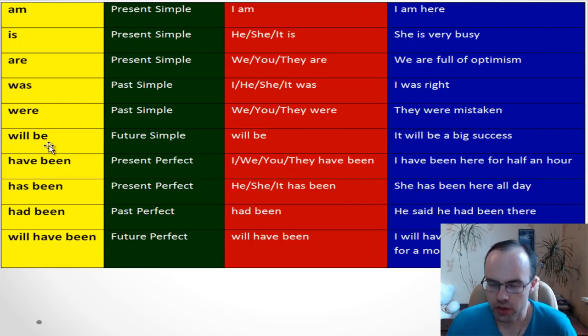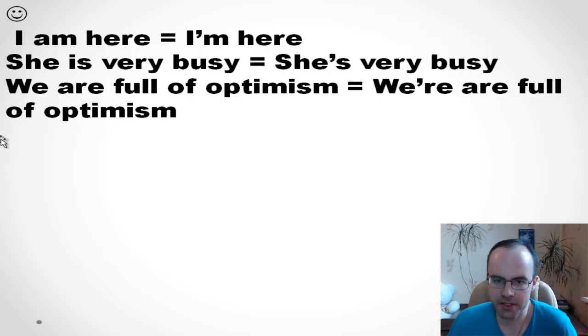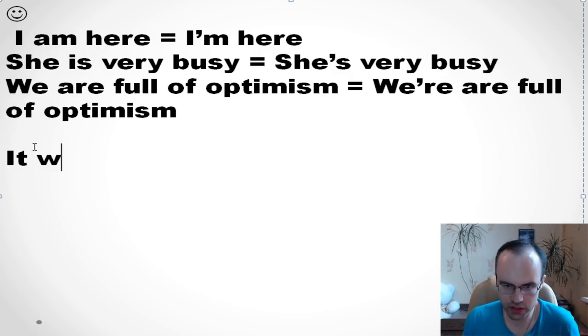So will be. If we look at this structure will be, it's about future simple. And it doesn't matter, so it's I, he, she, it, we, you, they, we always use will be. Look, it will be a big success. But there is one very important thing.